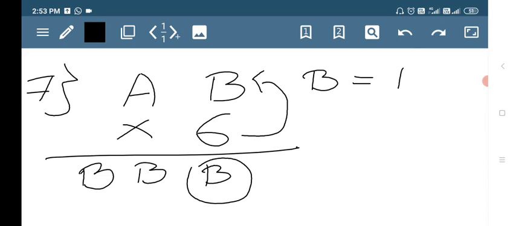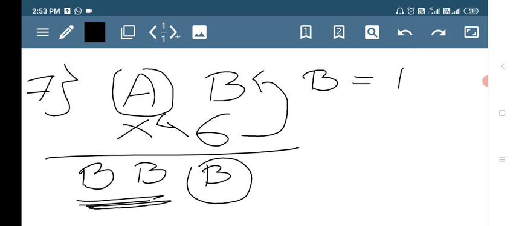So again, assuming that B is equal to 1, let us take some value of A so that we can get the double B's, meaning here also it should be 6. Is there any number from 1 up to 9? 6 ones are 6, double digit, no. 6 twos are 12, 6 threes are 18, 6 fours are 24, 6 fives are 30, no. 6 sixes are 36, no. The same digits are not coming, right?